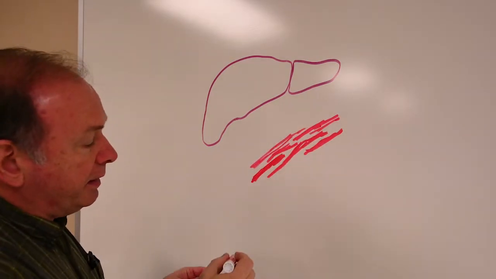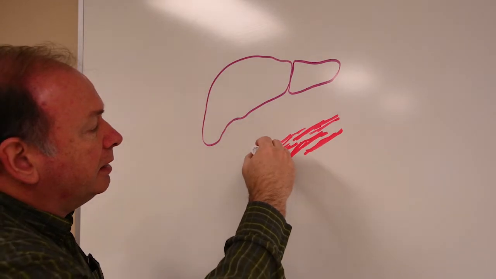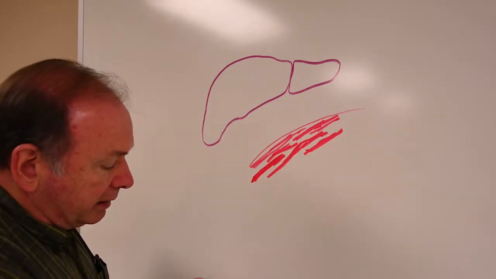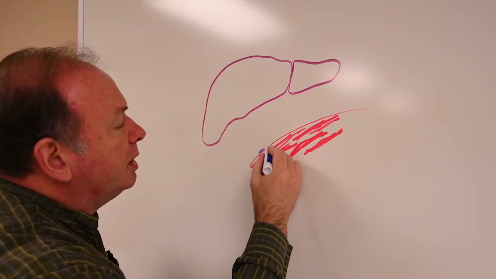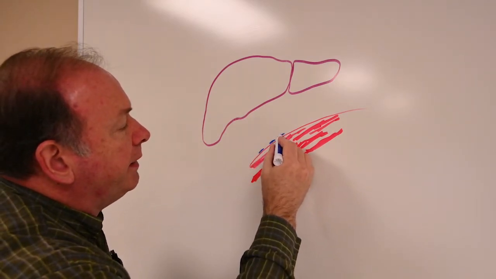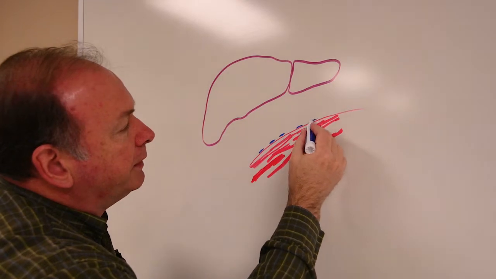And then on the very outside, you would have that layer of mesothelium, simple squamous cells with fairly flattened nuclei there on the outside of the capsule.